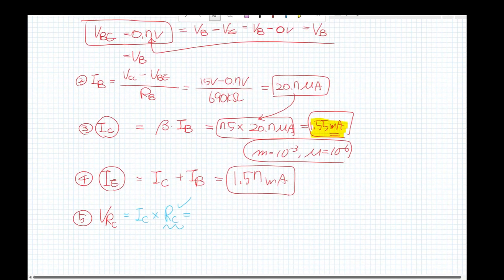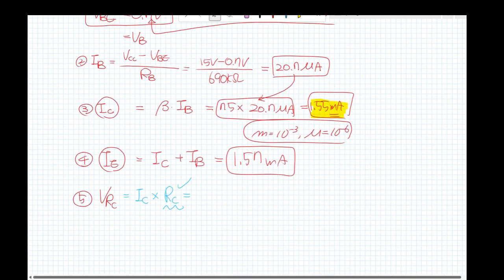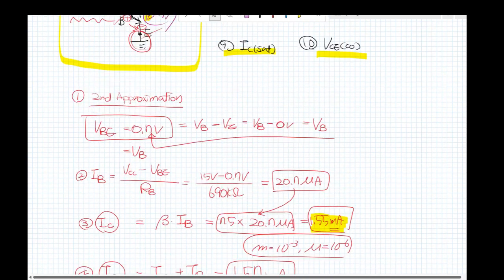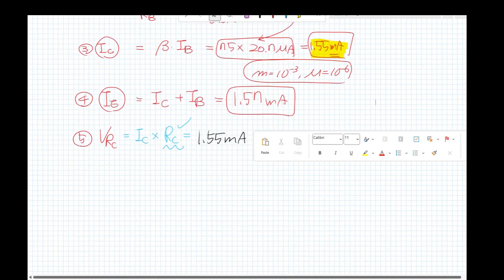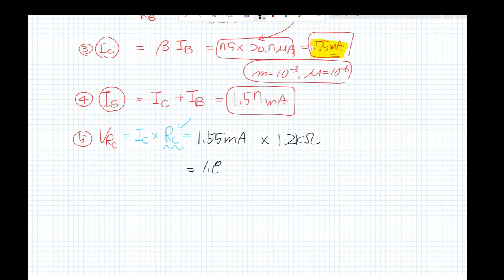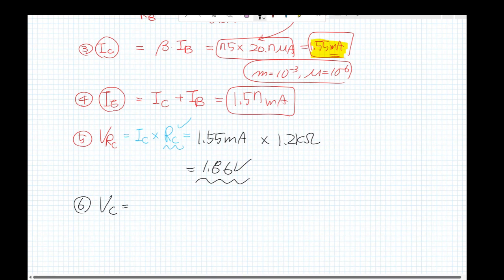R sub C is 1.2 kilo ohm and I sub C is 1.55 milliamp. Multiplying, after calculations, you get 1.86 volt. And the questions V sub C and V sub CE are the same thing, right?